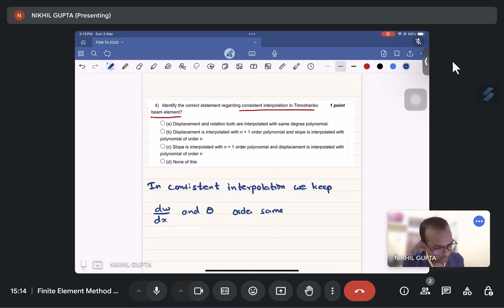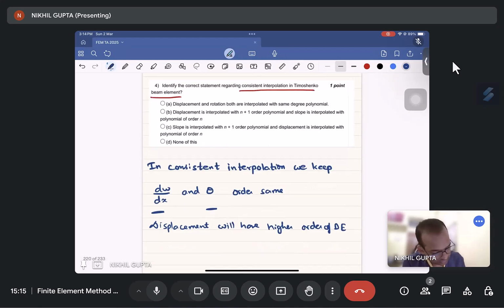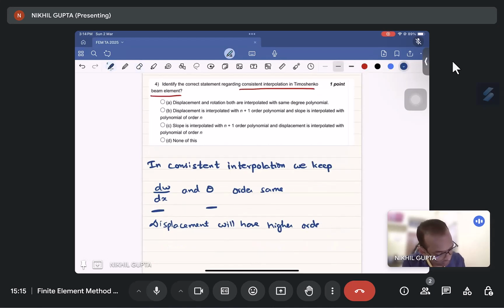Since we are keeping it same, directly we can say that since this is dw by dx, this is theta, displacement will have higher order of polynomial.